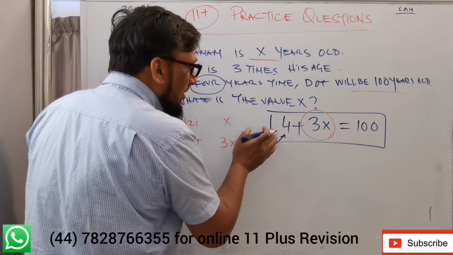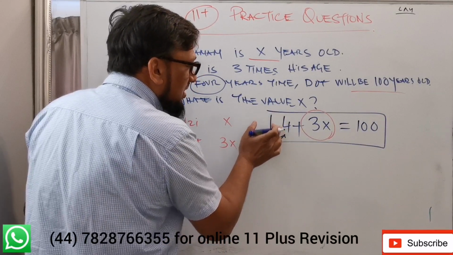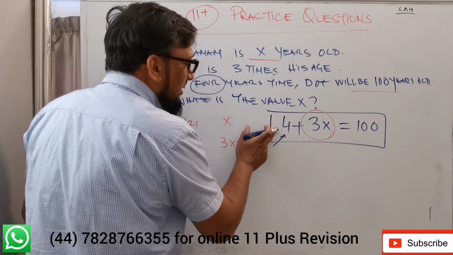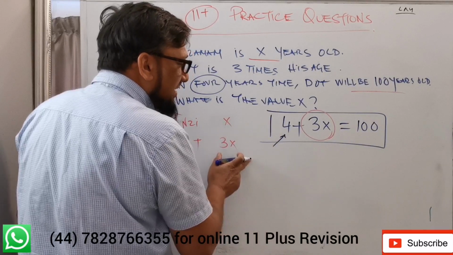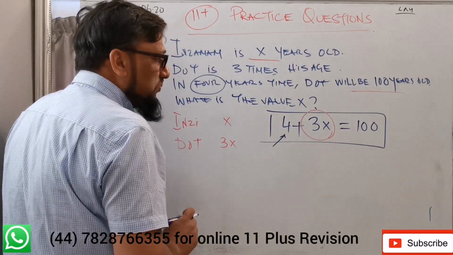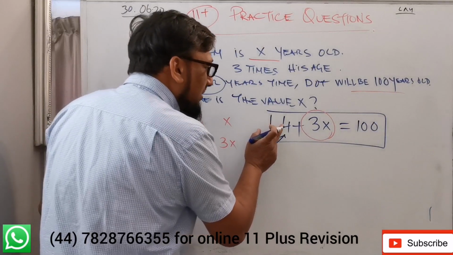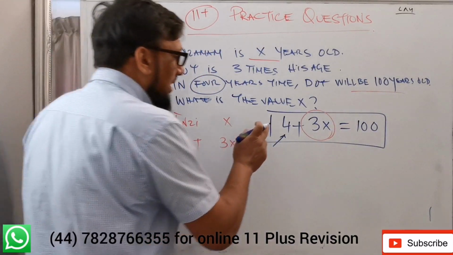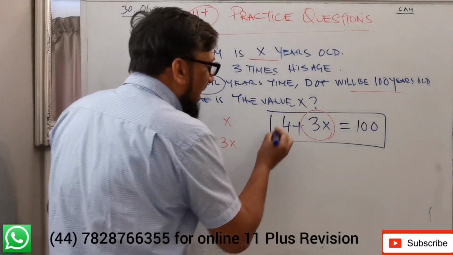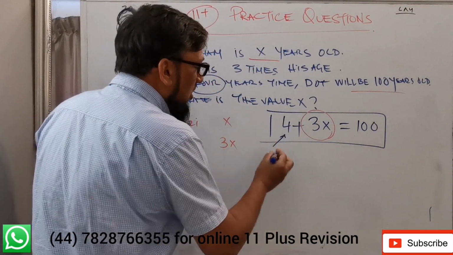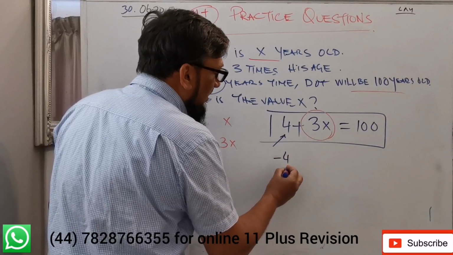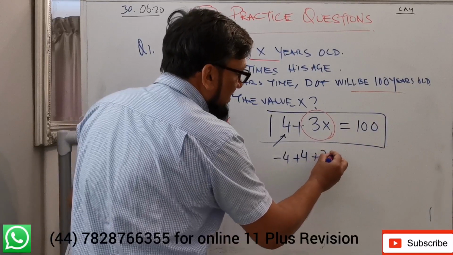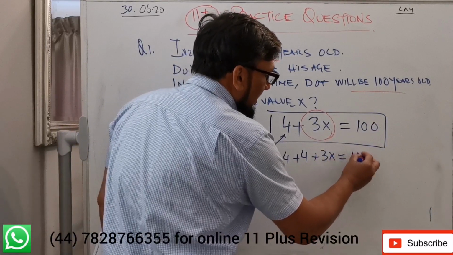First we check this 4. There's no sign, which means it has a sign of plus. So I cancel this 4 by subtracting. I do -4 and then copy the +4 plus 3x equal to 100.